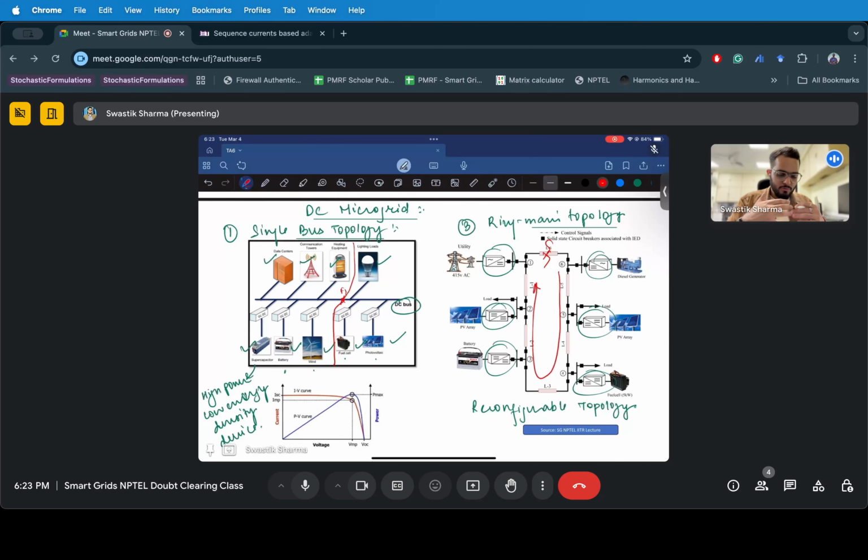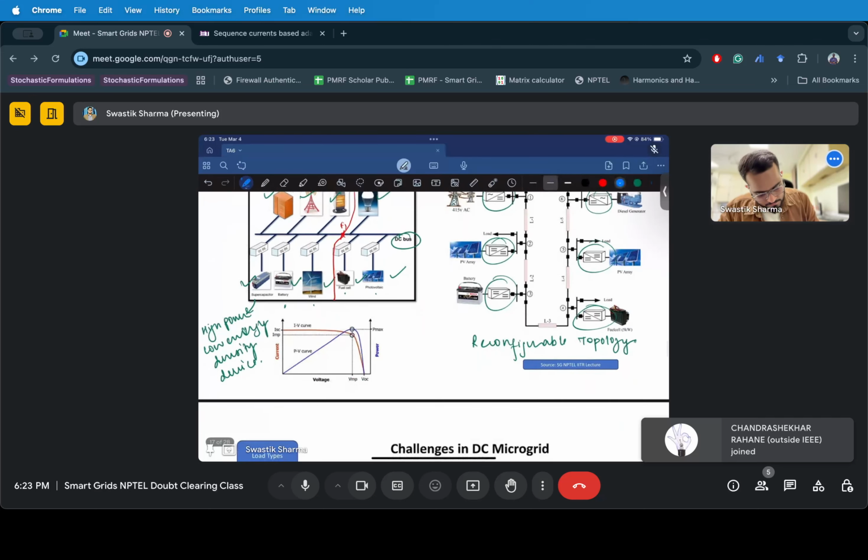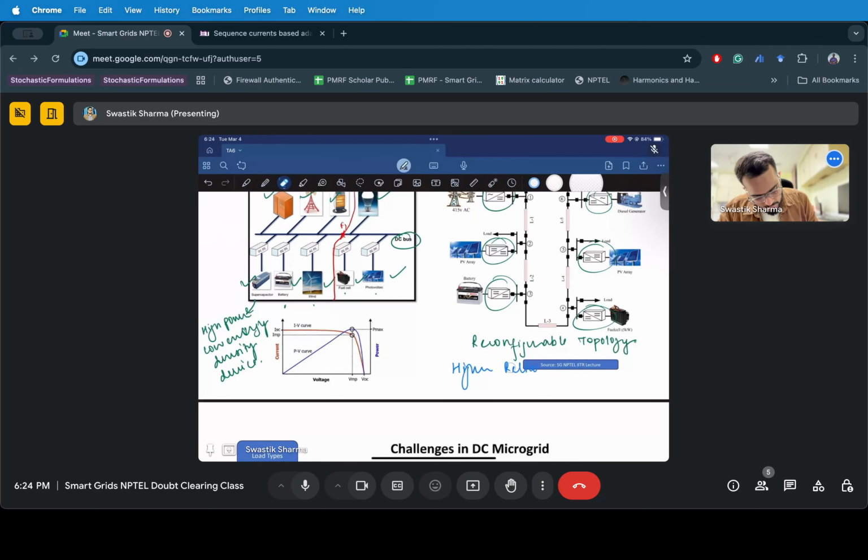Single bus topology. So essentially, if a section is removed, it converts itself into a single bus topology. So the ring topology has a higher reliability. So always remember this.